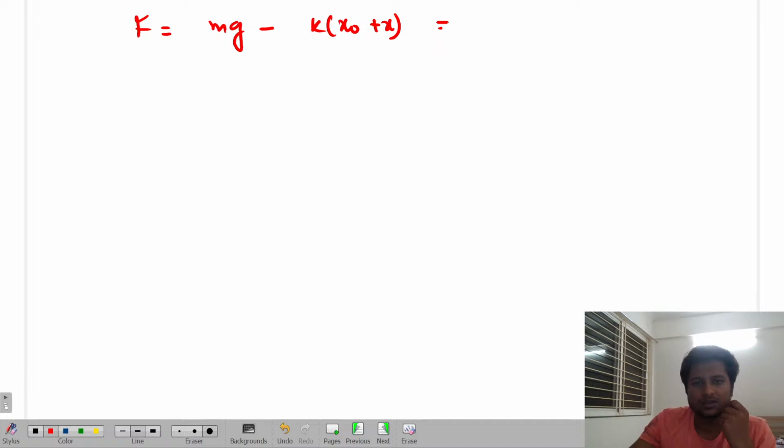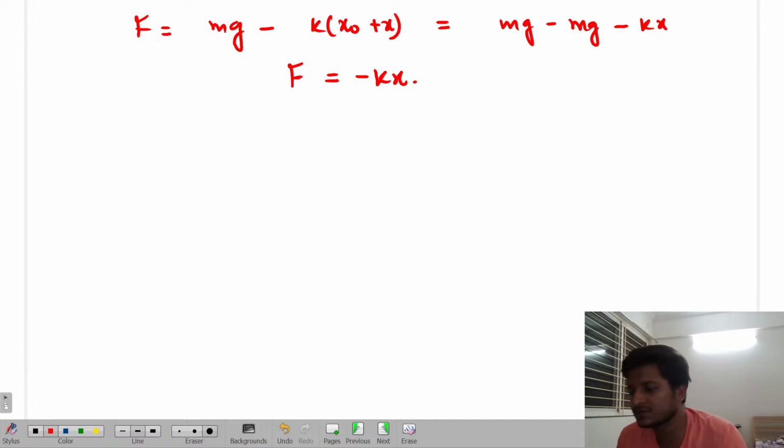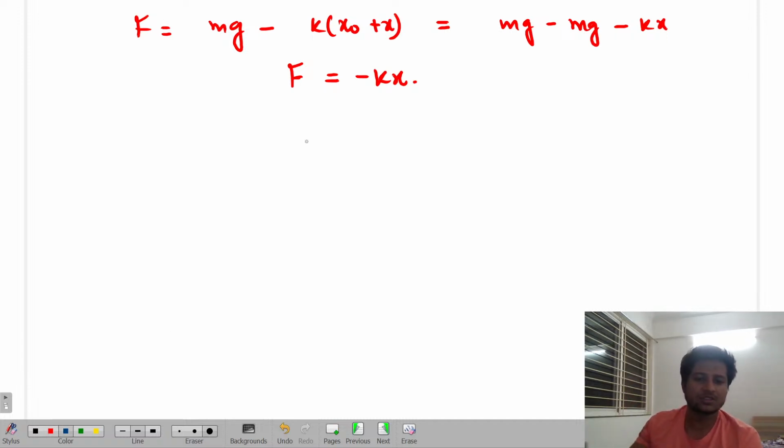Then this kx naught equals mg, so mg minus mg will be cancelled, minus kx, so force will be equal to how much? Minus kx. Is that clear or not? And this is the force which we are finding out.